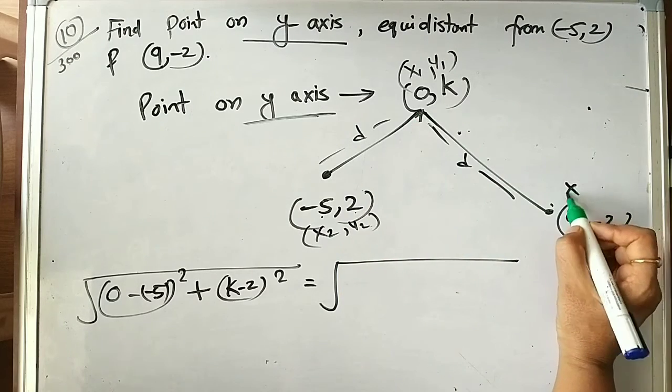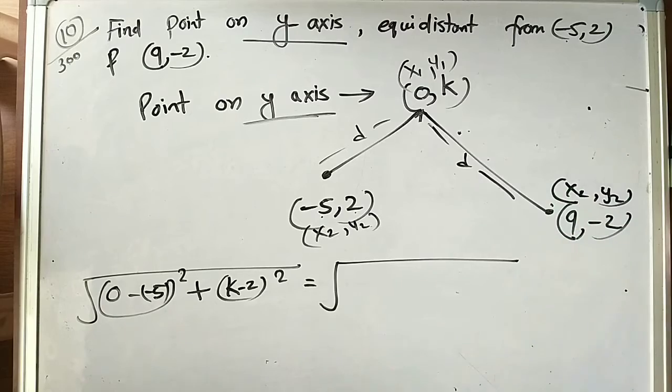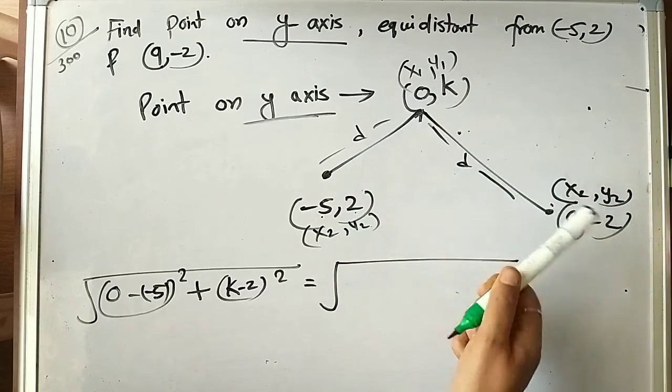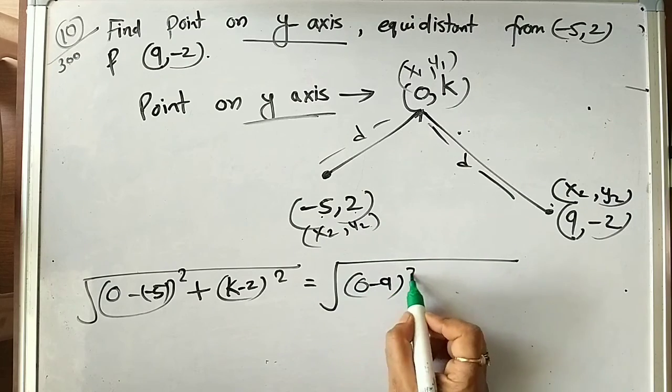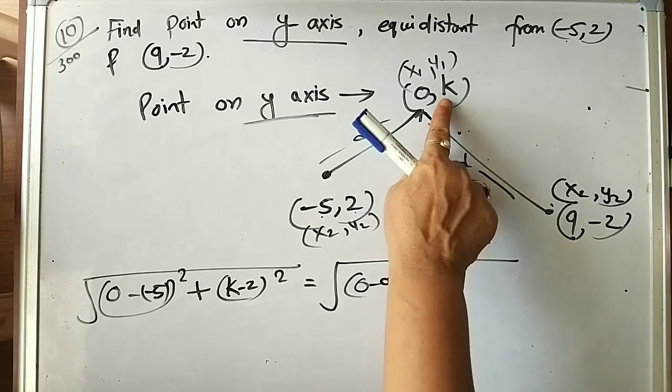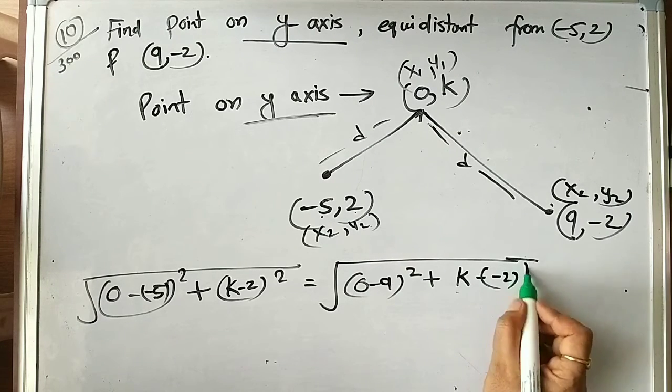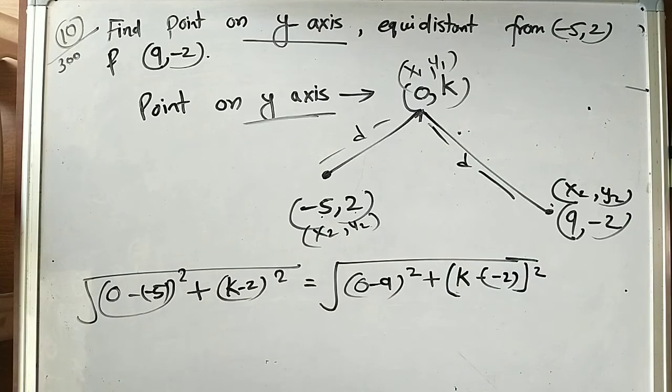So this is x2 and this is y2. So this is (0 minus 9) square plus (k minus of minus 2) whole square, correct. So this distance is equal to this distance.